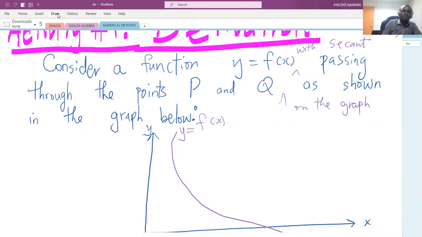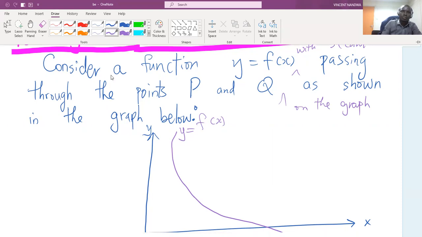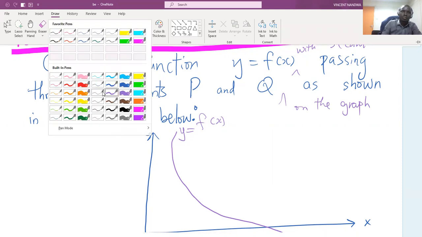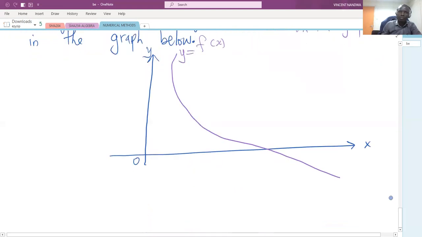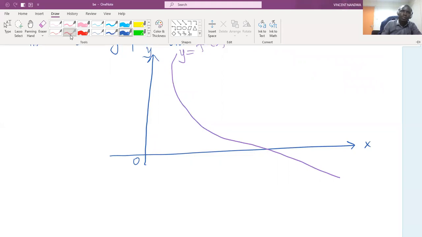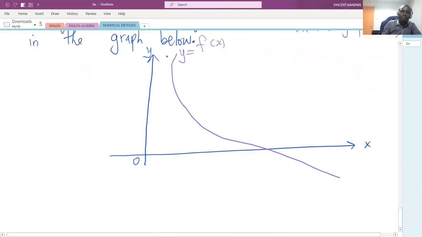So let's draw the line. So this is the point Q, and then this is the point P.